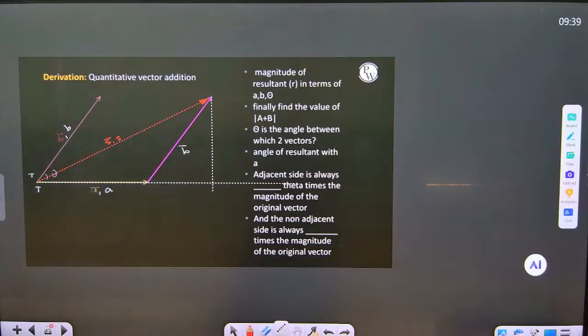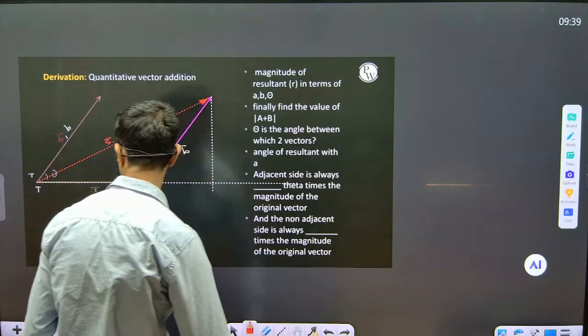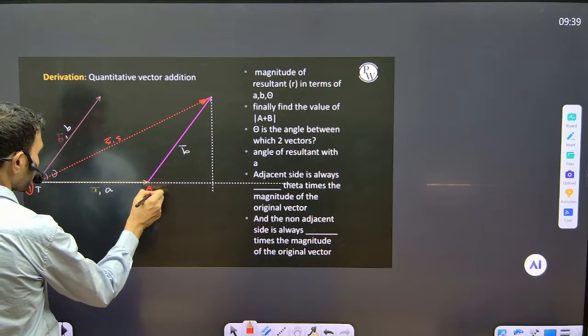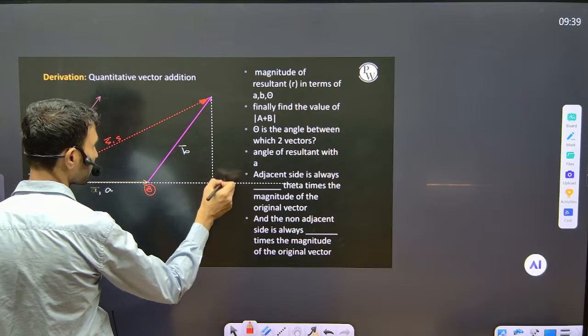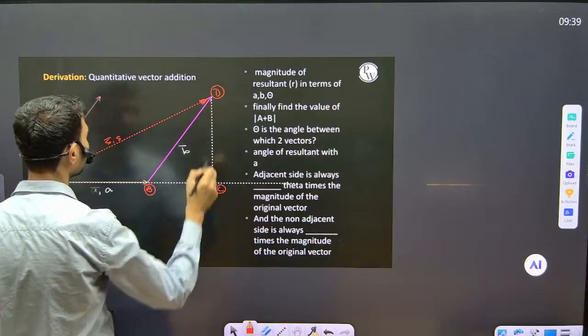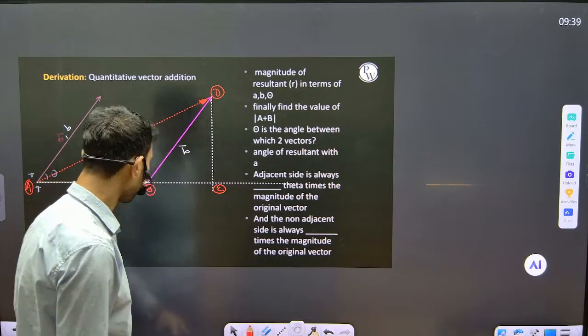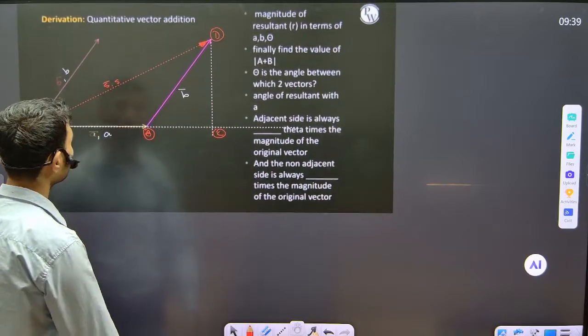And we have to find the value of S, right? So let's name all these points. Call it A, B, C, and D. And I can write down the relation between them.